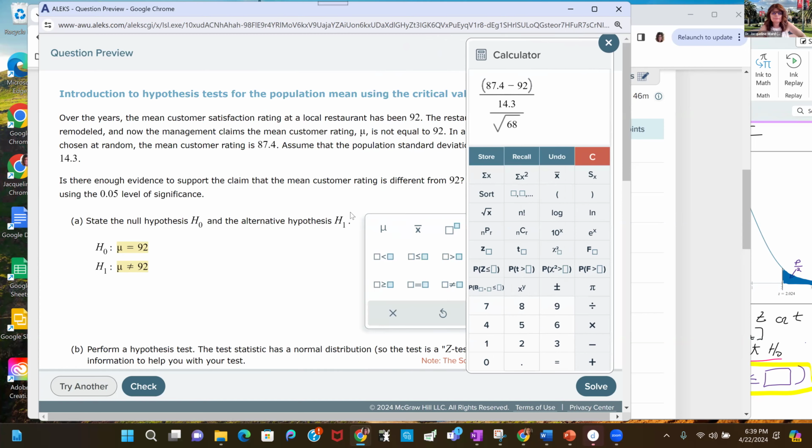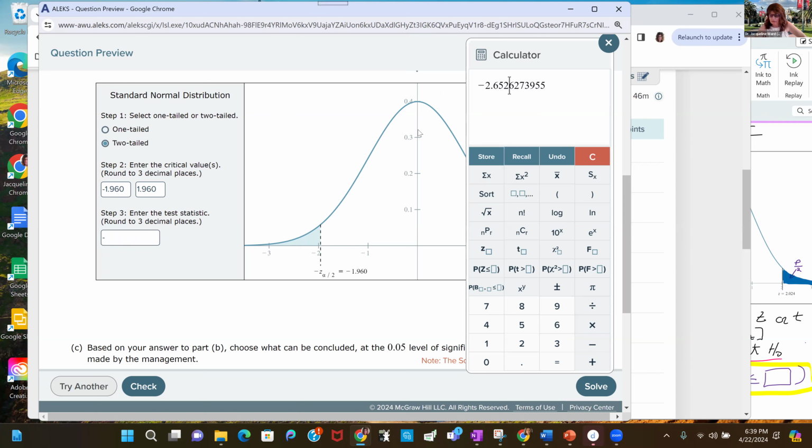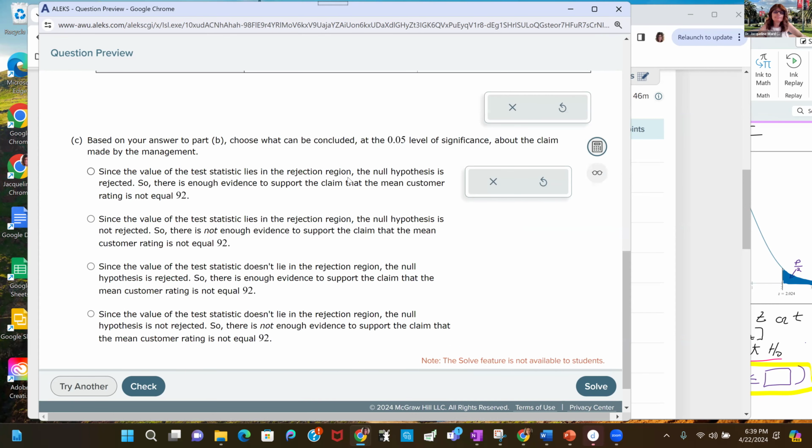So this is how we calculate the test statistic. We get negative 2.653. And that does lie in the rejection region, so the null hypothesis is rejected.